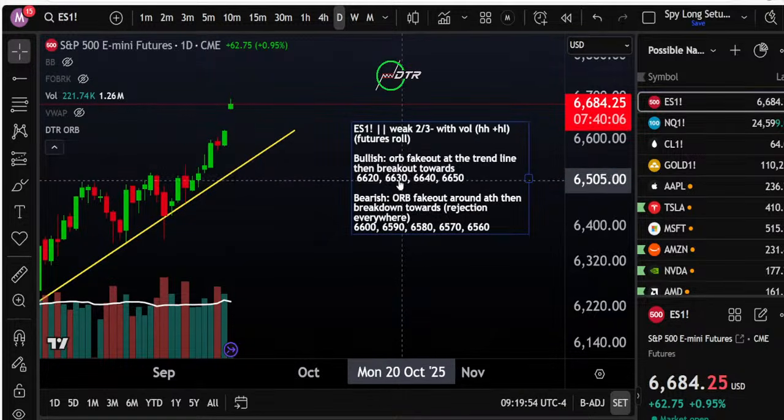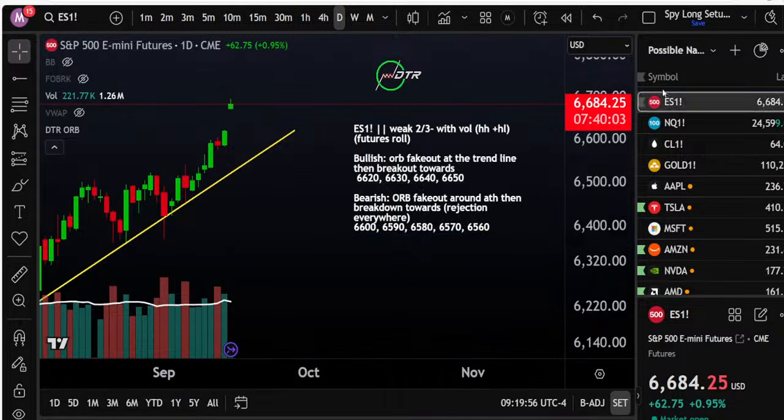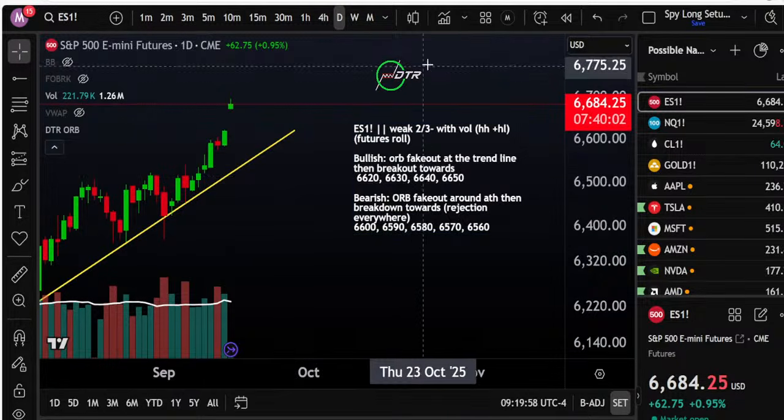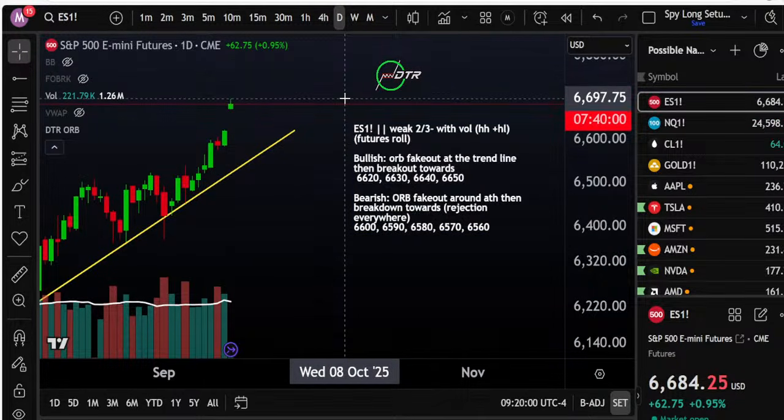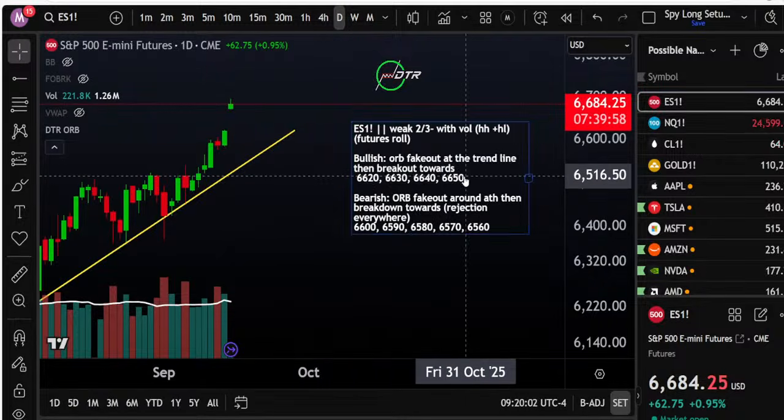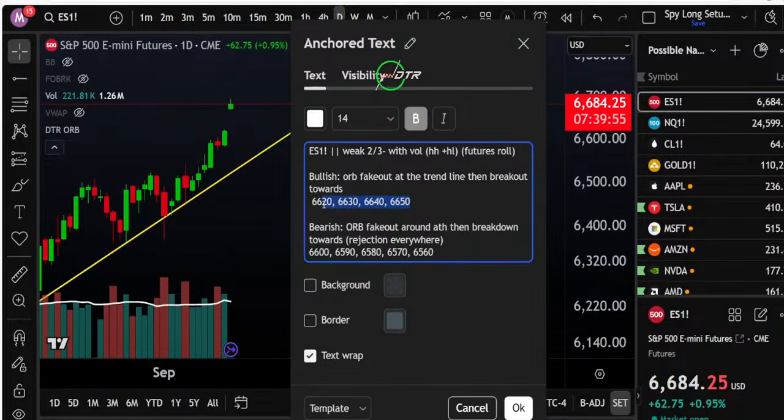As a starting point, we're now adjusting for December prices, and we're going to be targeting a move towards 6,700. That's going to be our starting point. Then 6,750 is kind of our benchmark there.